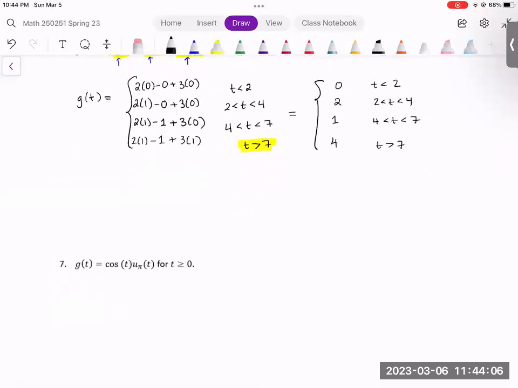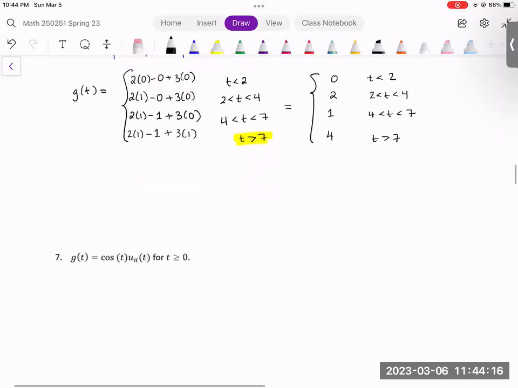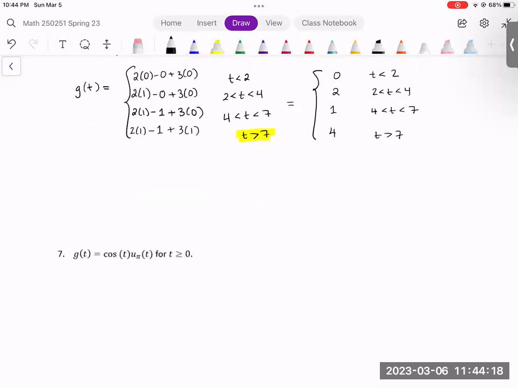So here we have the function that is equal to cosine of t times u pi of t for t greater than or equal to 0. Okay, so g of t here has just one switch going on. We're going to be equal to cosine of t times 0 when t is less than pi.